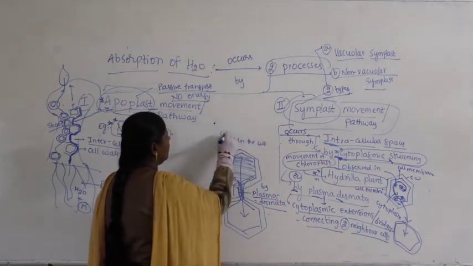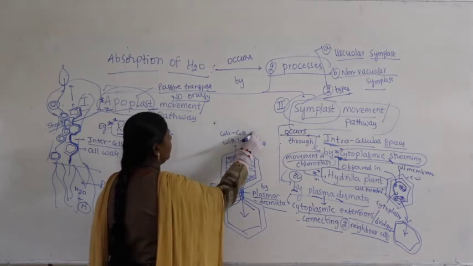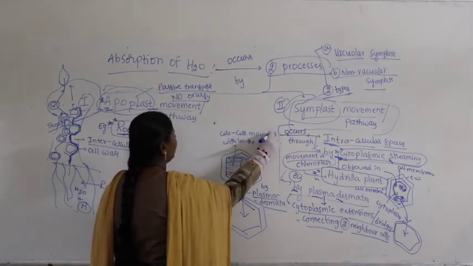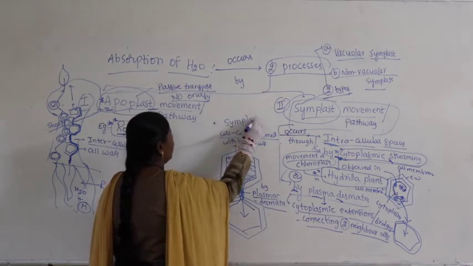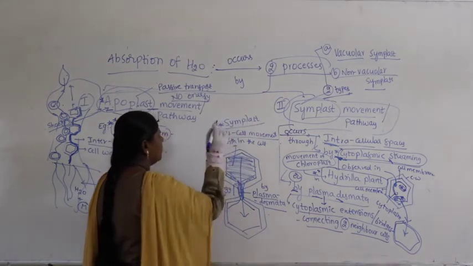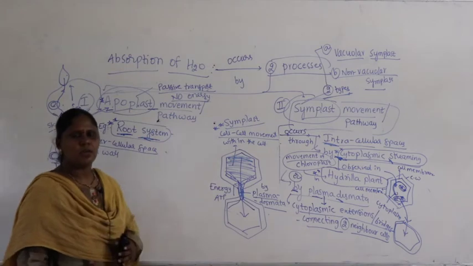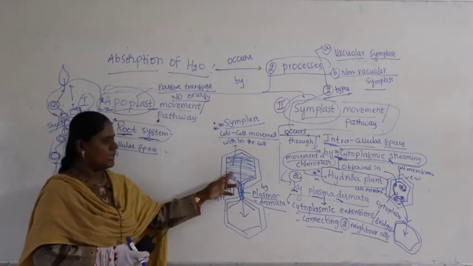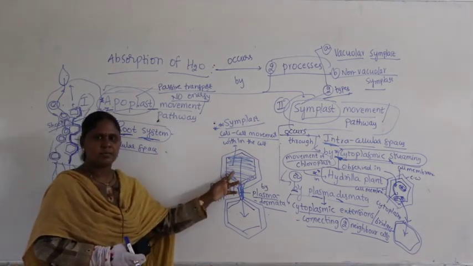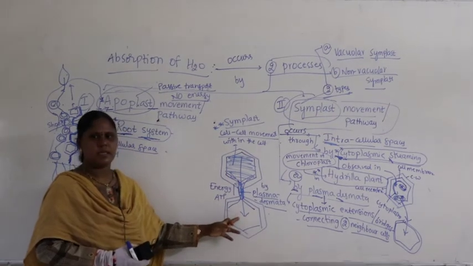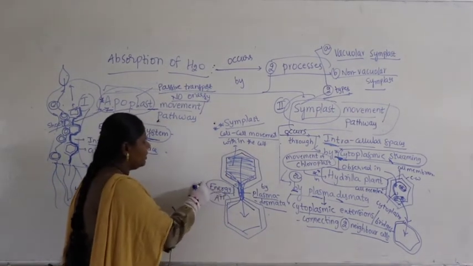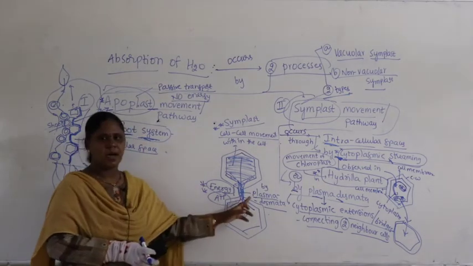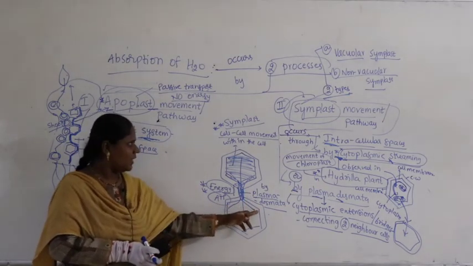This is happening within the cell, or we say cell to cell movement. Cell to cell movement itself is called symplast. One cell is fully filled and the contents come to the next neighbor cell with the help of ATP or energy, and that occurs by plasmadesmata.